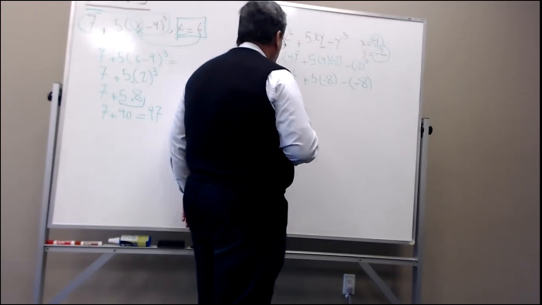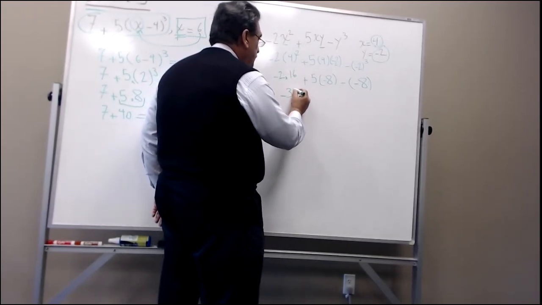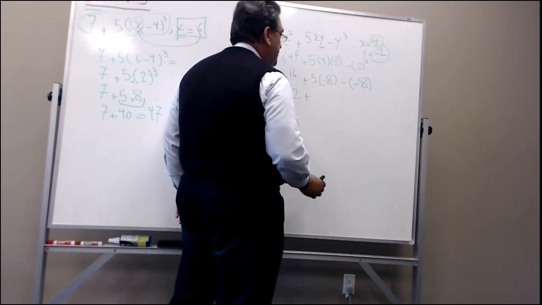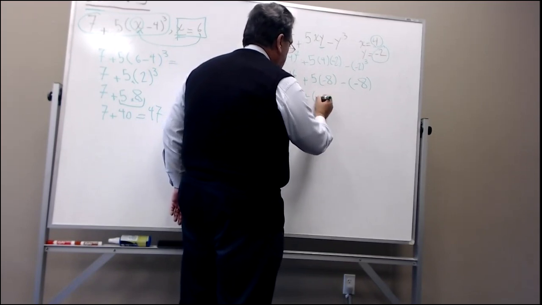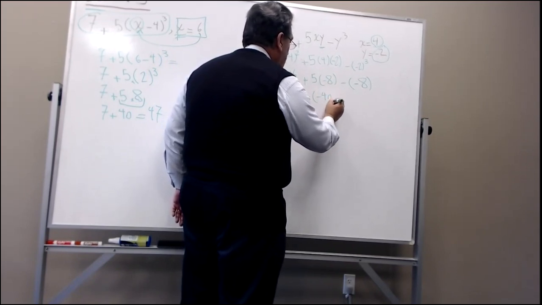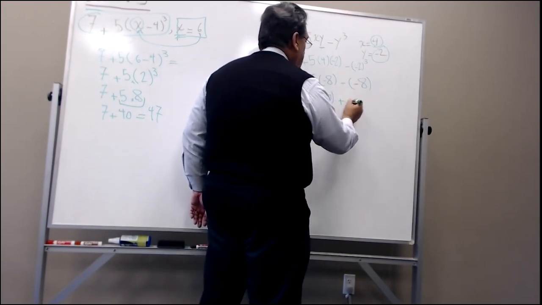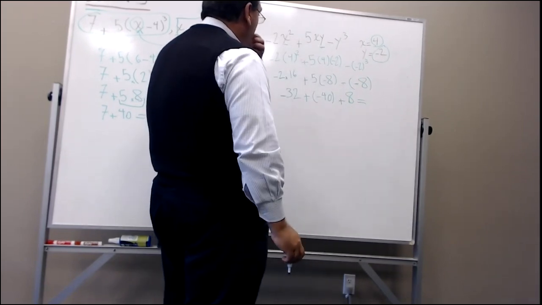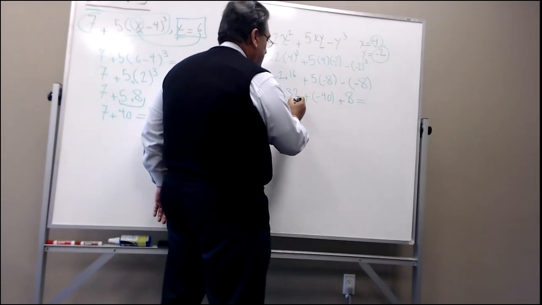Right? So we get 2 times 16, minus 32, plus 5 times minus 8. Well, minus times minus is plus. So I get minus 40 minus 32.